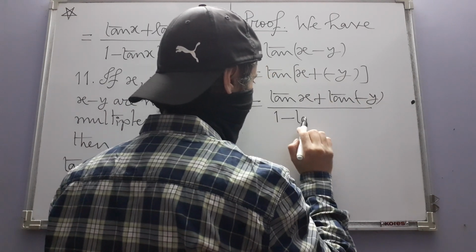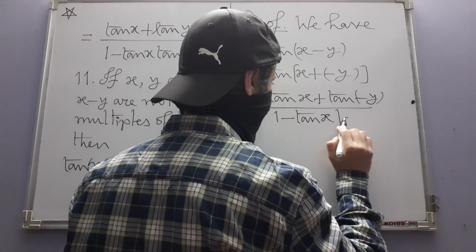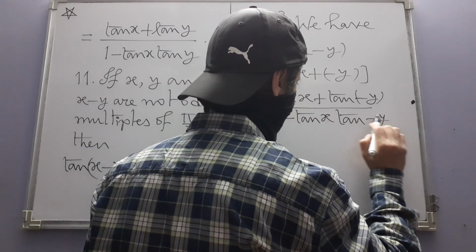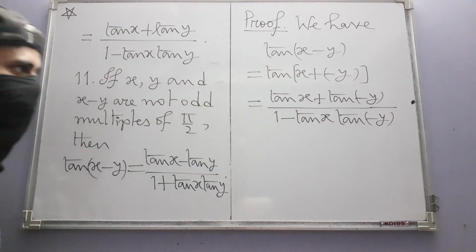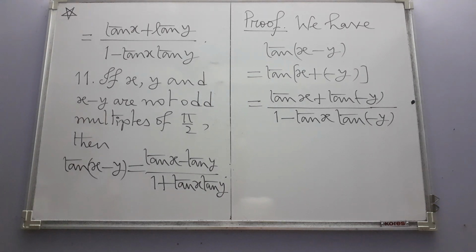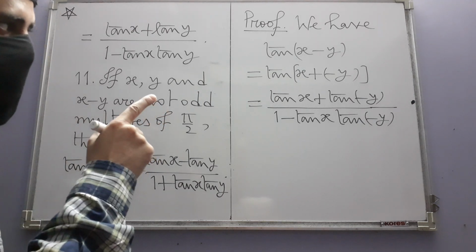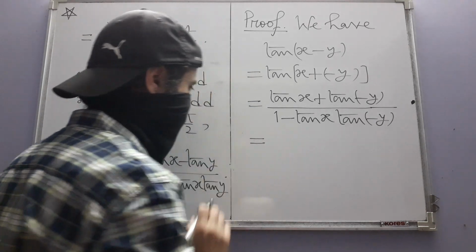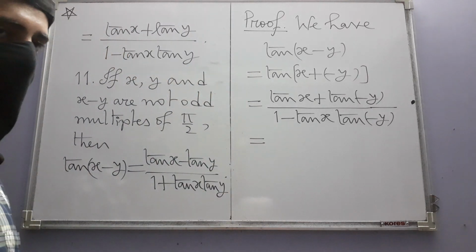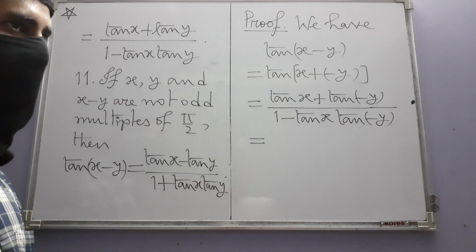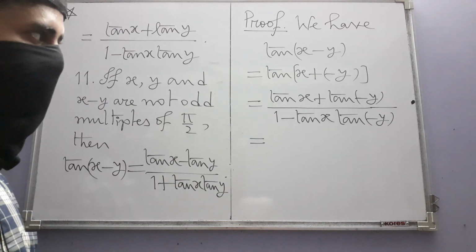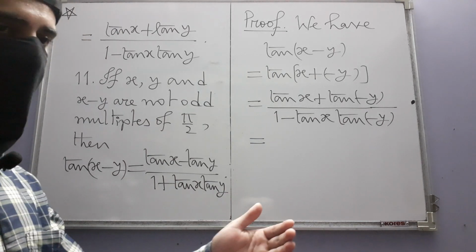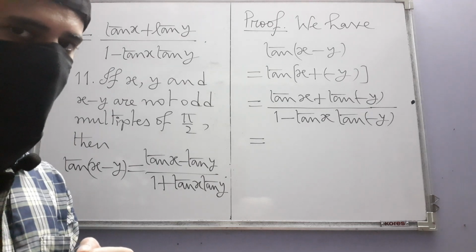One minus tan x times tan minus y. Now if you go back, we haven't mentioned this one today. If you go back to your previous sections, there you will see that just like sine, the tan function is also such that the minus comes outside.